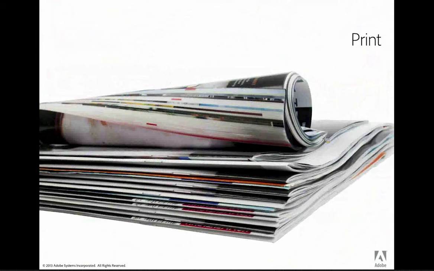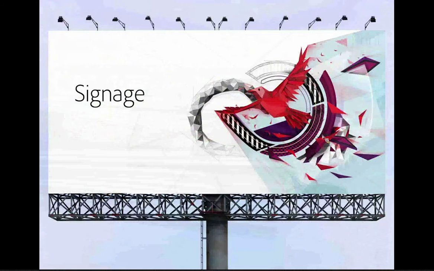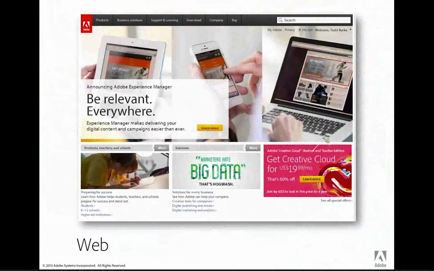As a designer, you may have been focused exclusively on print media, and you used tools to create content that was meant for CMYK output, coming out through a raster image processor into the world of the physical media that you hold in your hand. Or maybe you focused on signage that would get blown up onto the side of a building, or in the case of some of our friends, plastered all over the National Mall.